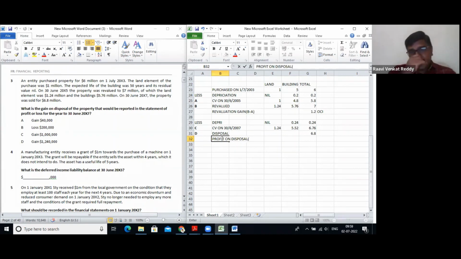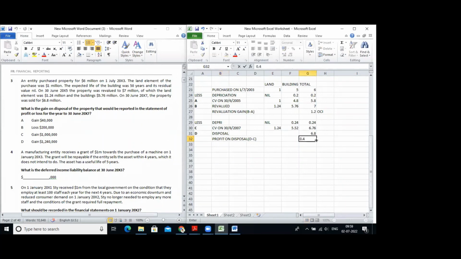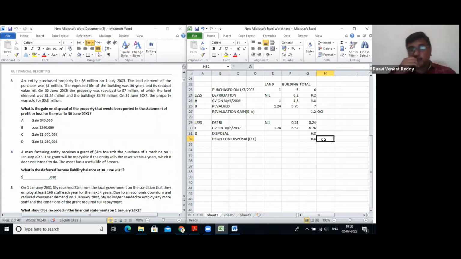So we got a profit on disposal of 0.04, nothing but 40,000 is the gain or profit on disposal.